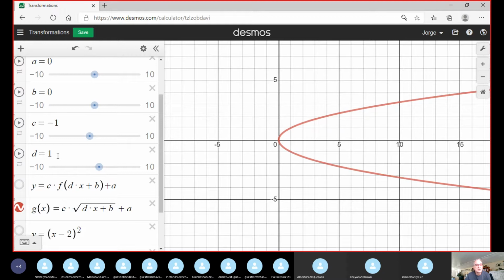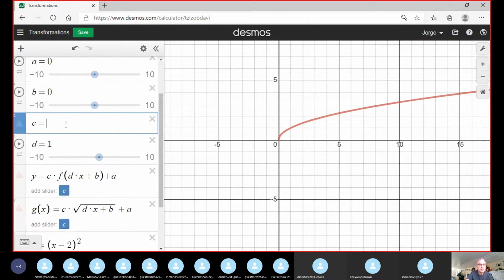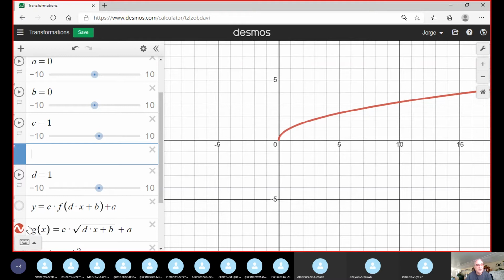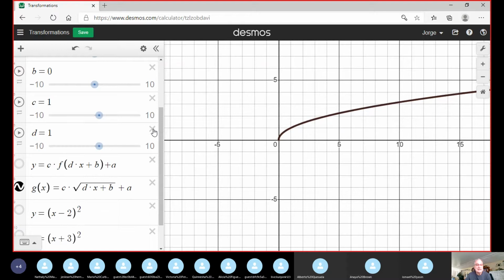Let me set this to 1. Let me change the color to black. In this case, there is a perfect coincidence between the red color, which is the original, and the black color, which is the transform. Now I change d.